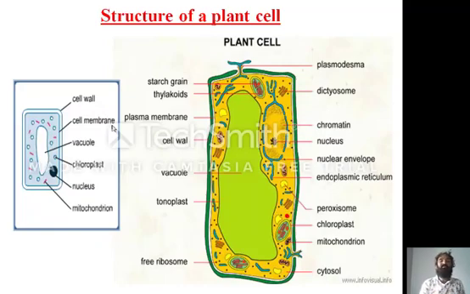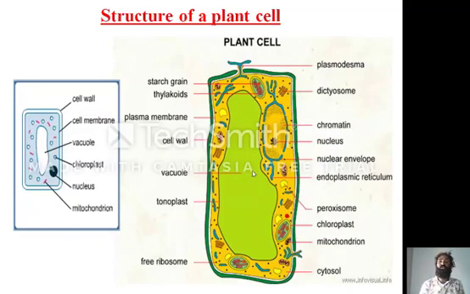Along with that, in the cytosol many cell organelles are present. Nearly 60 to 70% of the cytosol is mainly occupied by the large vacuole. It is an important and characteristic feature of the plant cell: the vacuole is very large and occupies the major portion of the cytosol.